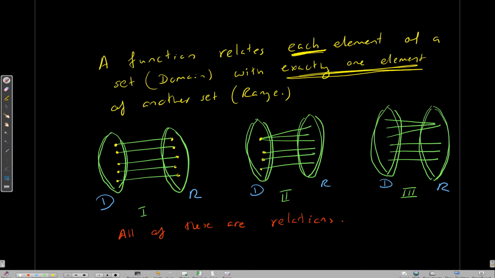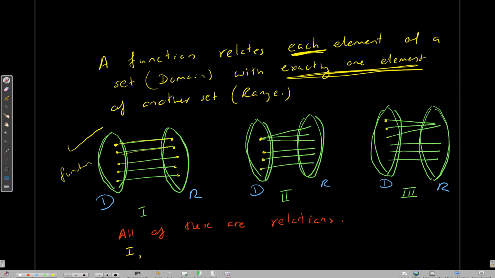Now first one. Each element, okay. Exactly one element. Yes, that satisfies. So number one is a function. Number two, let me go to number three.